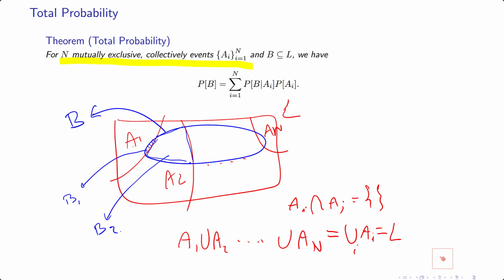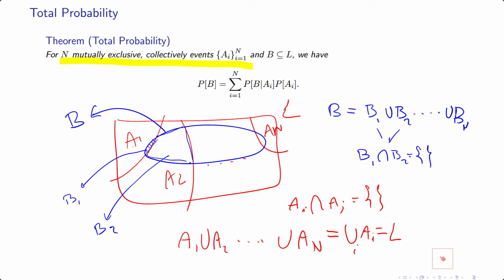So this partition divides B, so B becomes equal to B1 union B2, etc., union Bn. So the intersection of any two of these, so B1 intersection B2, is empty. So two by two, they are disjoint, and their union is equal to B.